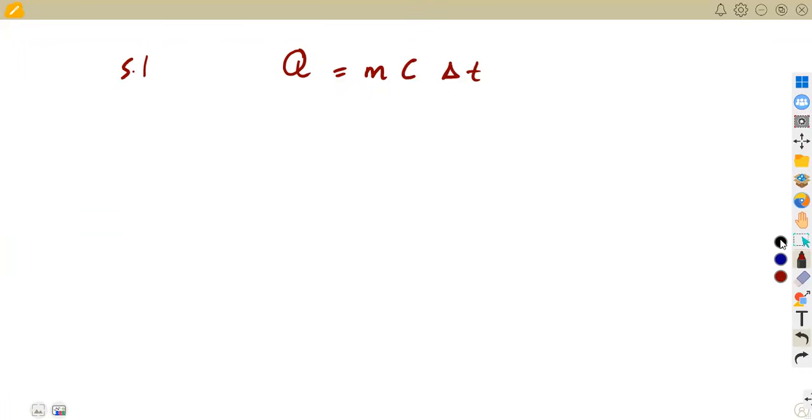So these are the factors: the mass, the specific heat capacity, and the change in temperature. So we've got the mass of the object in this case.